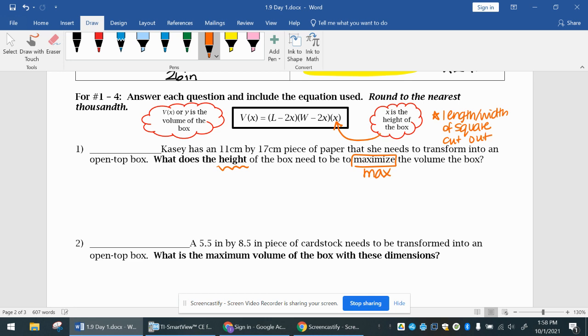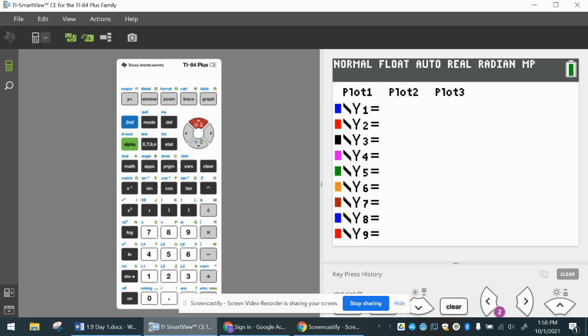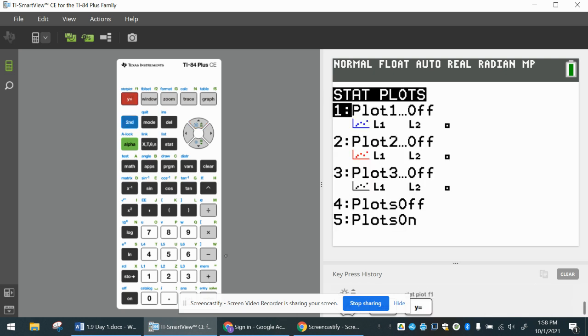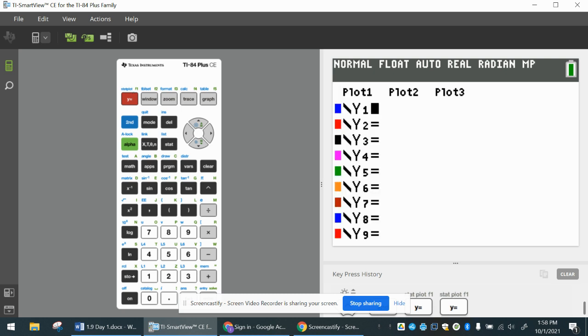Now, if you type this into your graphing calculator, go to y equals. Also, you need to make sure that your stat plot is turned off since we're not putting in any data. Then go to y equals and type in your equation. In this case, the shortest side, or the length, is 11 centimeters.